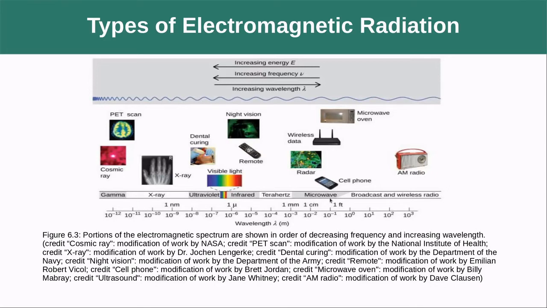Then we start to get into microwave technologies, and these are used in things like wireless data signals, the data that goes to your phone and stuff, your cell phones, and they also power microwave ovens. And then we have this vast region of radio frequencies that are used to transmit both images and sound that we've been using for many, many years.